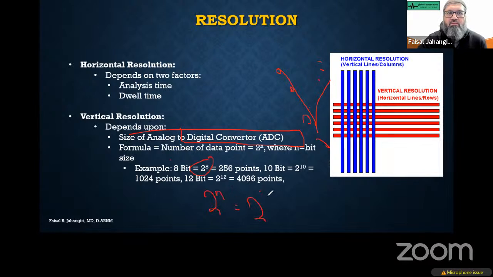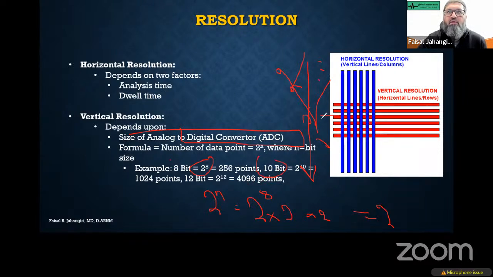2 to the power 8 means 2 times 2 times 2, 8 times, which is 256. So if you have an 8-bit analog to digital converter, you'll have 256 points across the screen from top to bottom. If you use 10-bit, you have 1024 points.